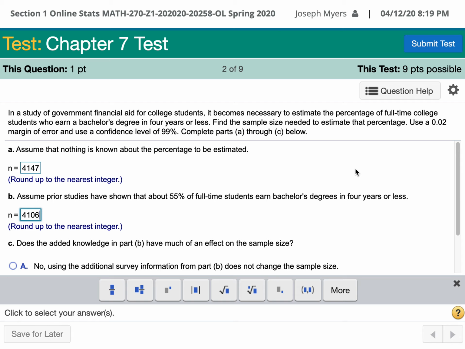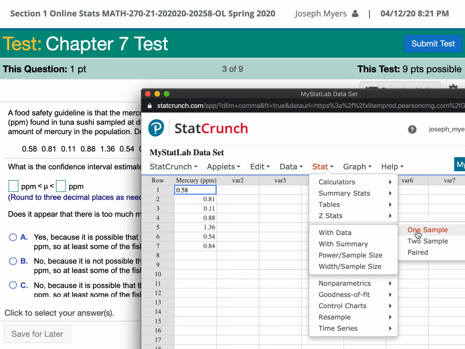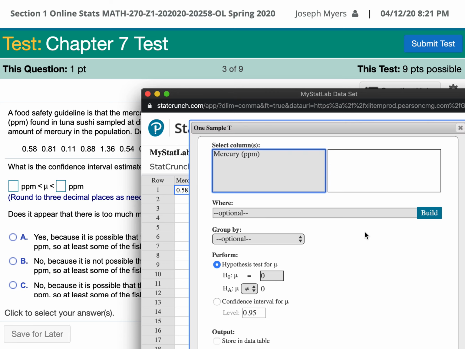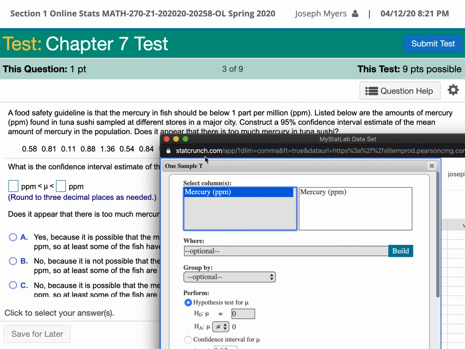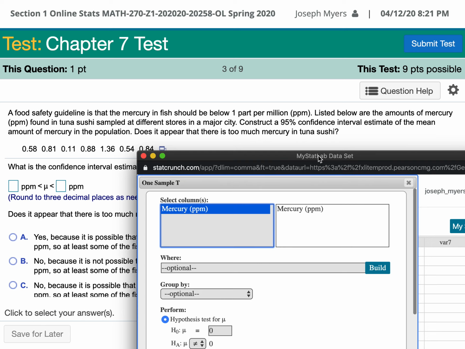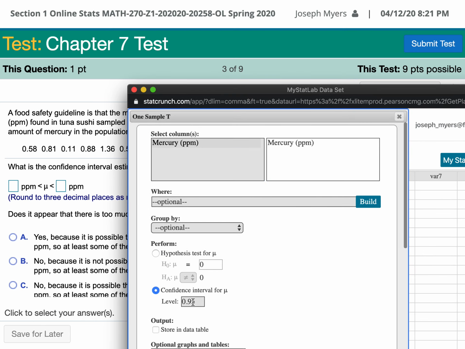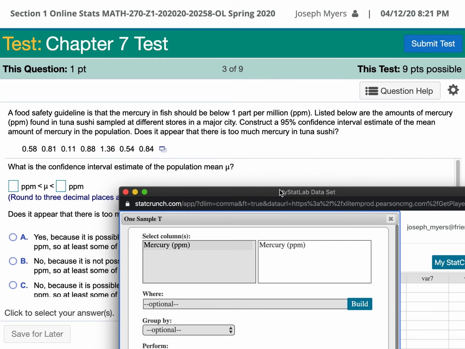So click on the Stat button, click on T-Stats, click One Sample. We have data this time instead of just information, so we're going to click on Data, and then select Mercury, and it wants it to be a 95% confidence interval. So we're going to choose that, and it already says 95, so that's good.